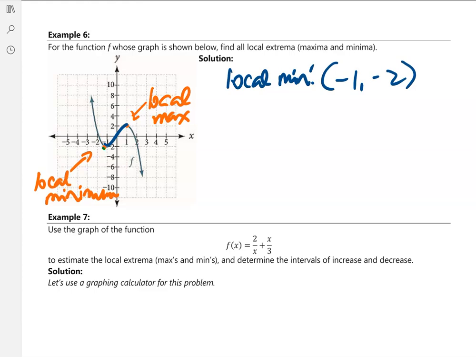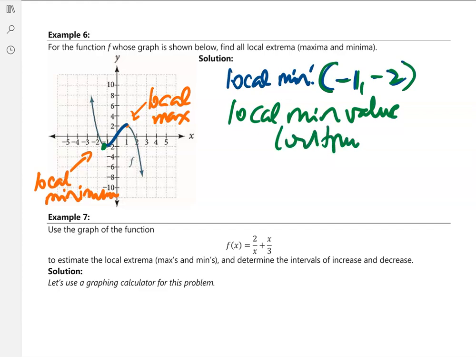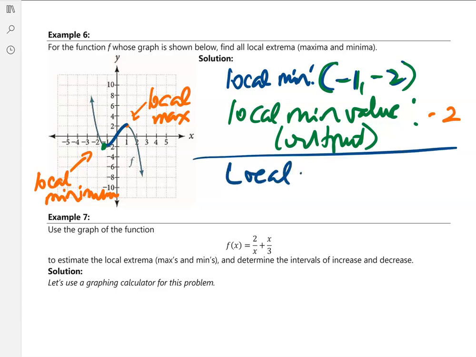So again, local minimum is this point, and the coordinates are -1, -2, meaning our local minimum value, meaning the output, here, the output is -2. Next is the local max.